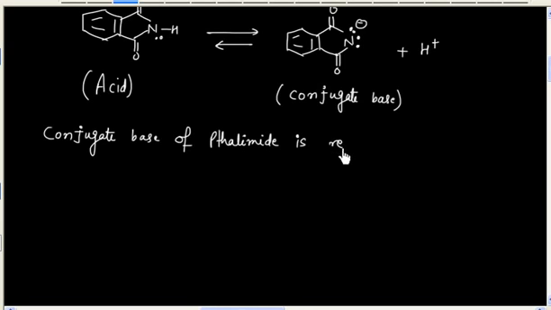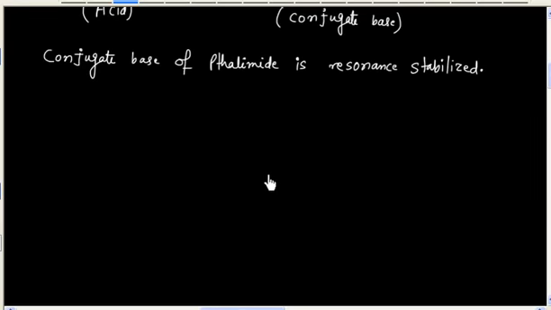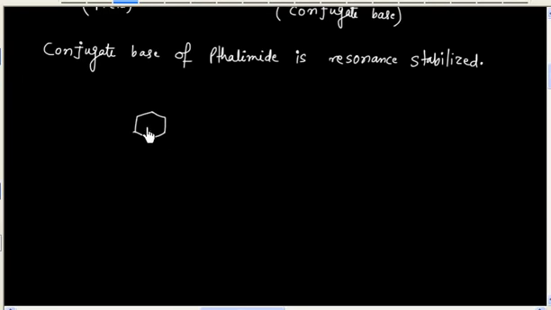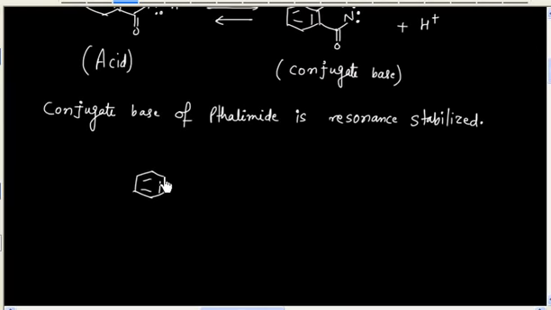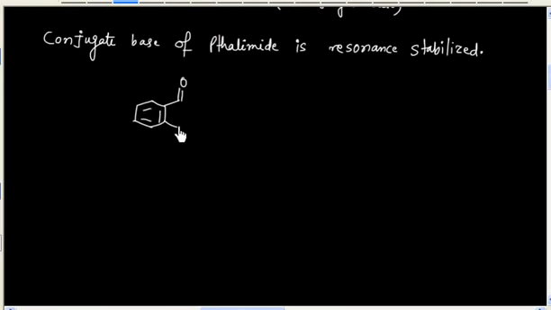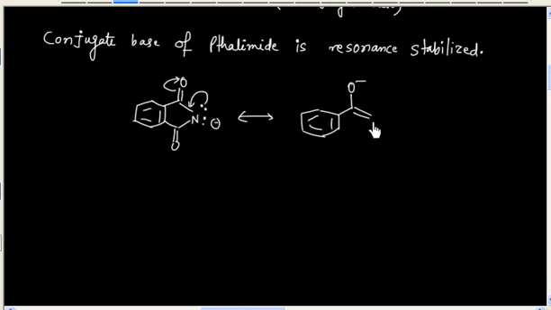is resonance stabilized. So we can write two resonating structures, or we can flow electron cloud this side.